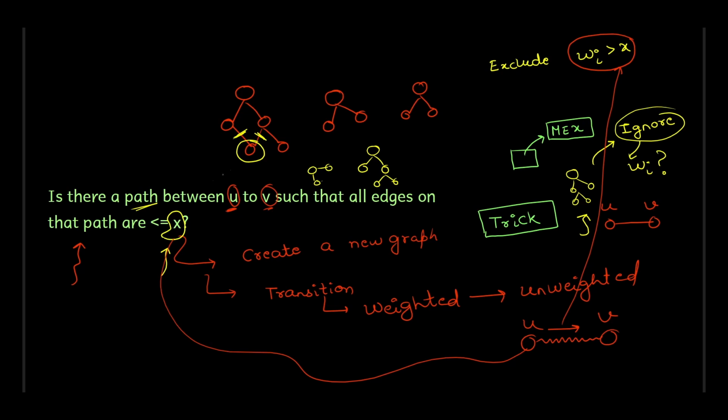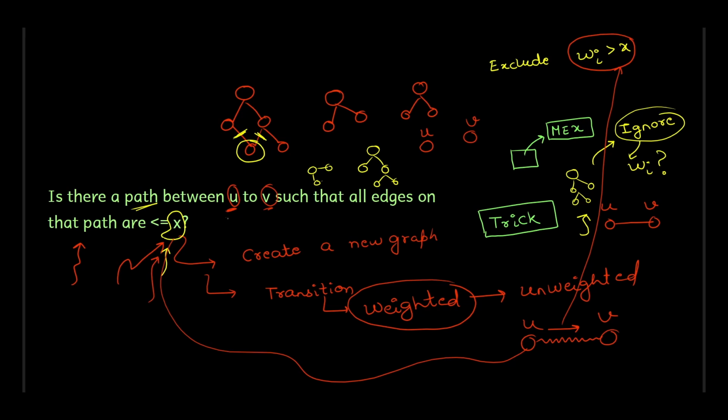So this problem on the weighted graph, of computing something where all the edge weights are less than or equal to x, simply becomes another problem: finding out whether two nodes belong to the same connected component in the undirected version after you have removed all the banned edges.